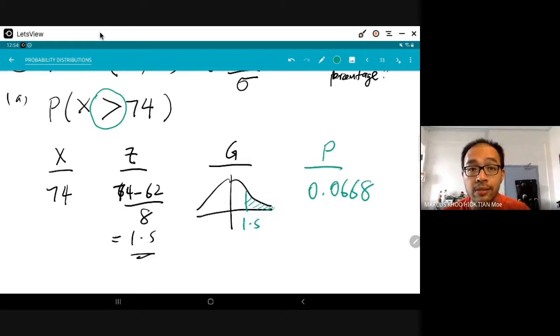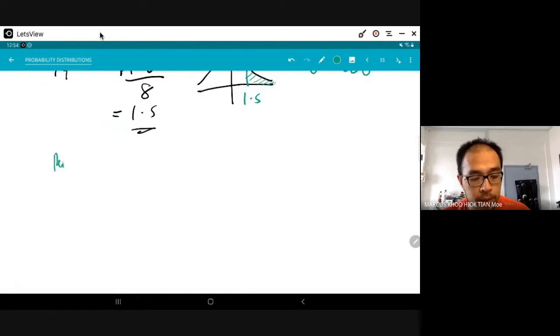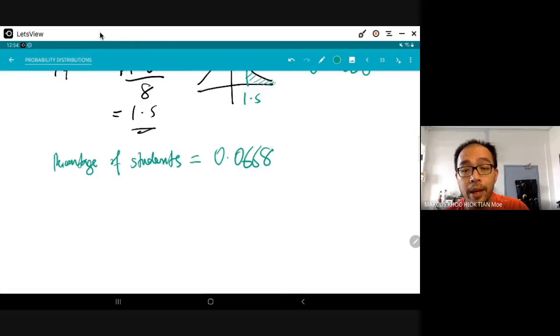But the question did not ask for probability. The question asked for percentage. So you have to do an extra step. Percentage of students. Now, percentage is the easiest one. Take the probability 0.0668 and then just multiply by 100. That's why it's called percent, you know. It's just 100 only.